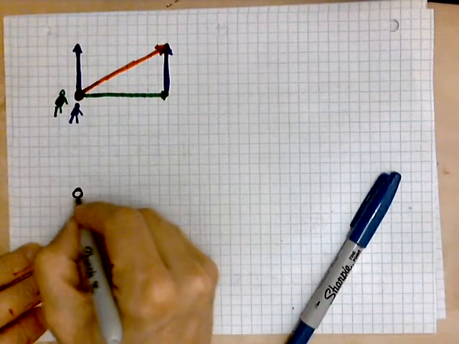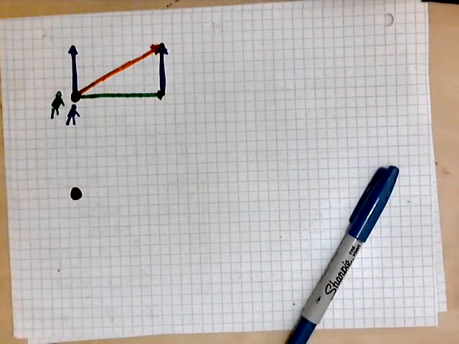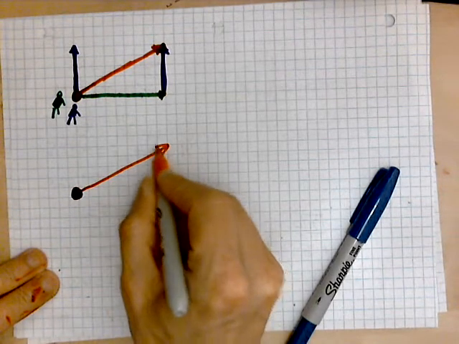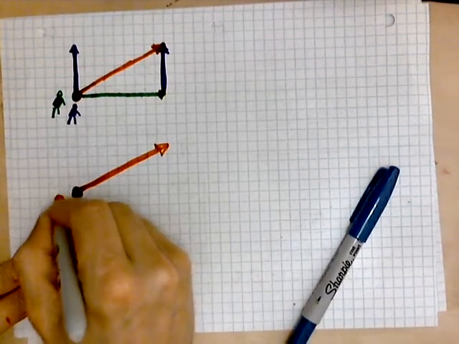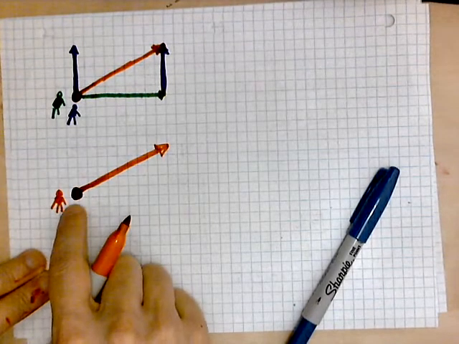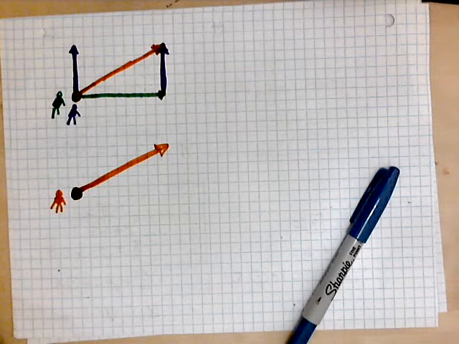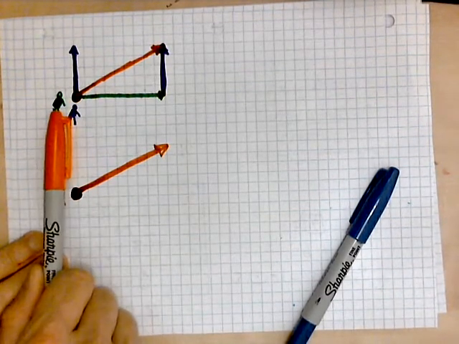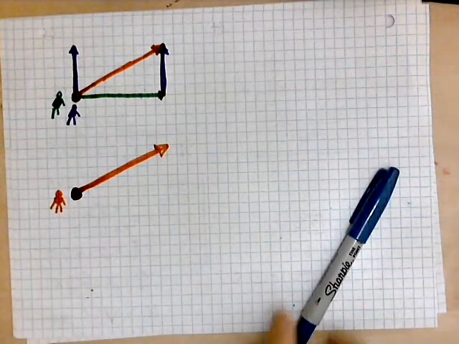Take your object, get one orange guy, to push along the direction of this arrow. And the result is the same as if the blue guy pushed up and the green guy pushed to the right. So this is what we call the resultant force.